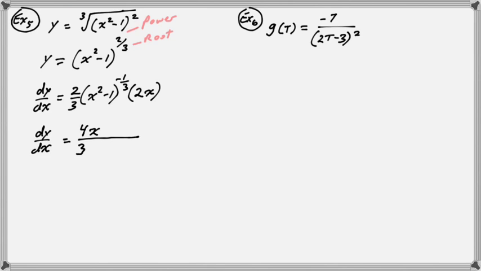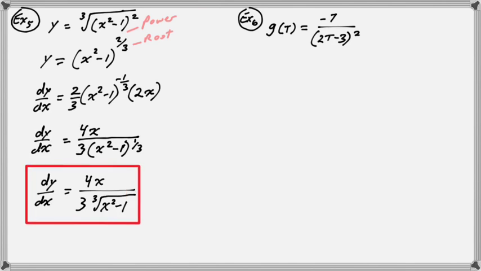Now what does this mean? What's a negative exponent? It moves to the other side of the fraction and becomes a positive exponent. So its derivative is going to be 4x divided by 3 times the 3rd root of x squared minus 1. And that's example 5.